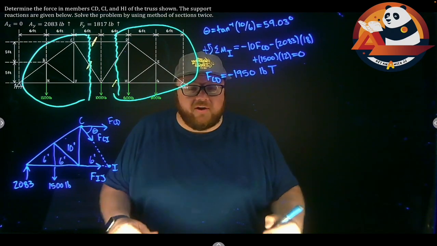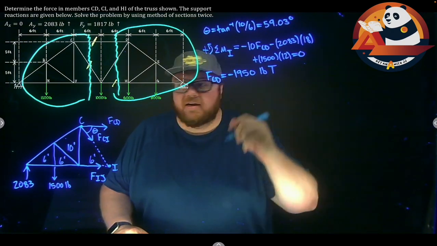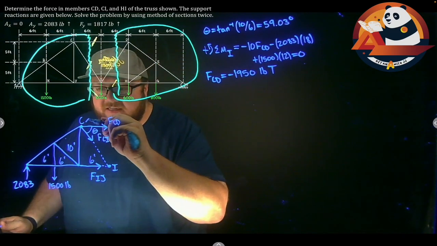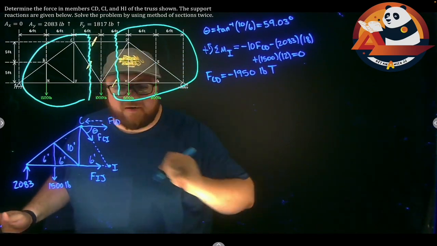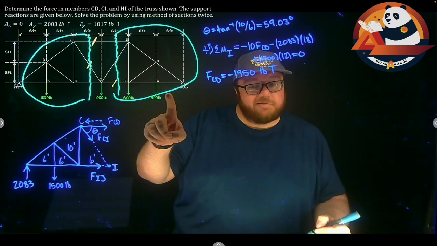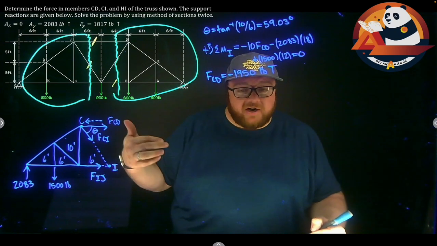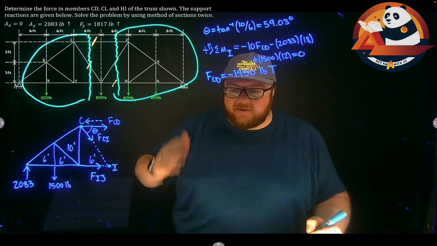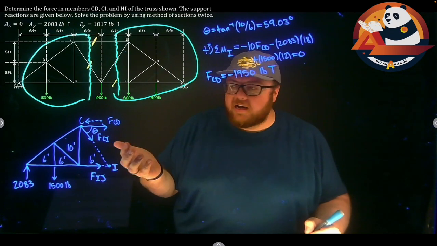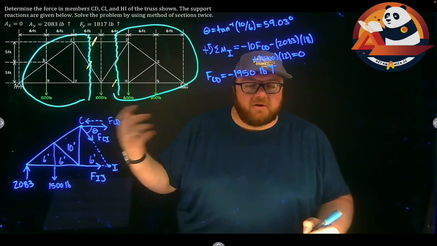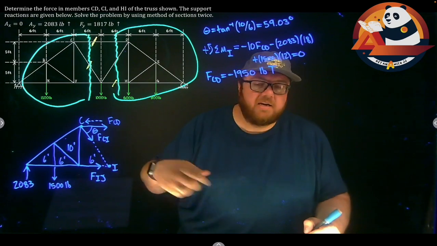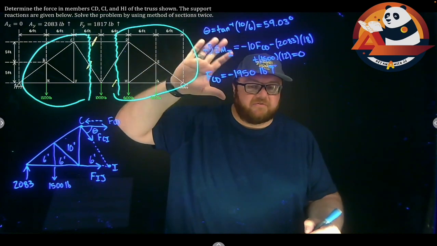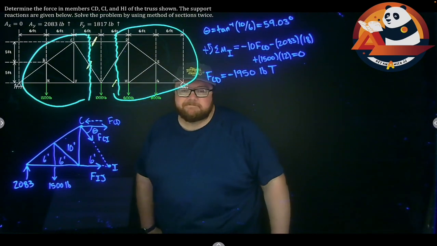I now know, though, if I'm getting a negative, that's in compression. So let's show a compressive arrow. Any new free body diagram I set up, like when I do this one, I'll show it actually in compression, squeezing into my free body diagram, into the uncut members. That dashed arrow shows me what it's really doing. The solid one was my original assumption that I used in my equilibrium equation.